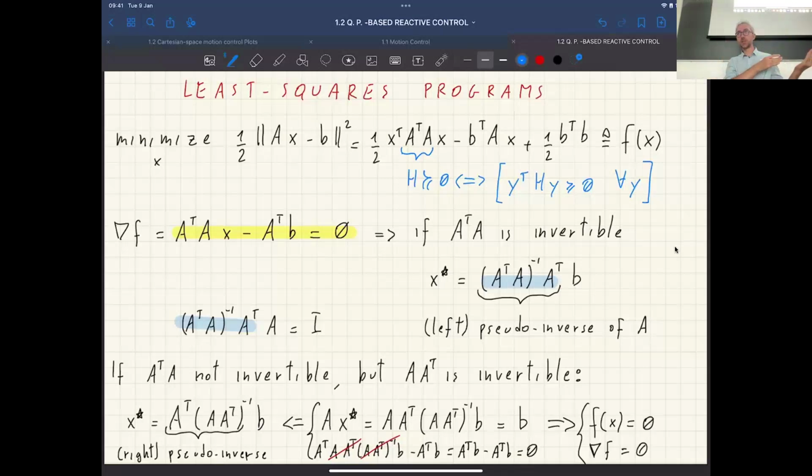That's exactly equivalent to saying that the matrix is semi-positive definite.